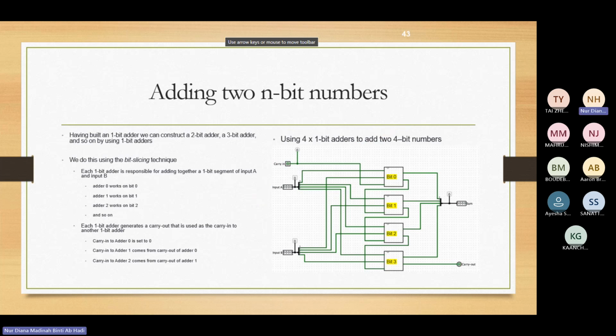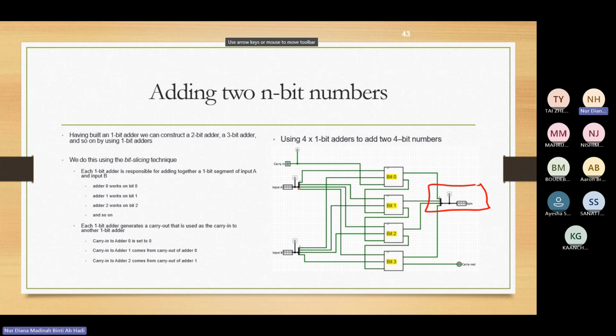This is what we do when we use the bit slicing technique, where we divide them into different slices. When we use bit slicing, we can build a 1-bit adder, then construct a 2-bit adder, 3-bit adder, and so on by using 1-bit adders. Each of the bits you slice into 1 bit, 1 bit, but in the end you compile them together like this.